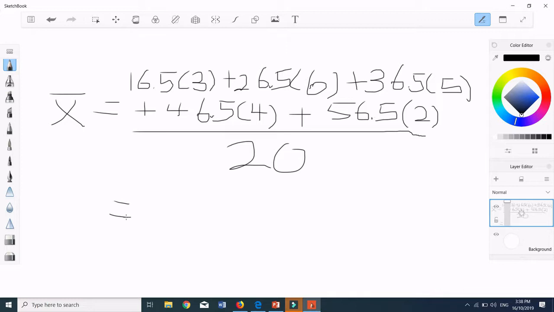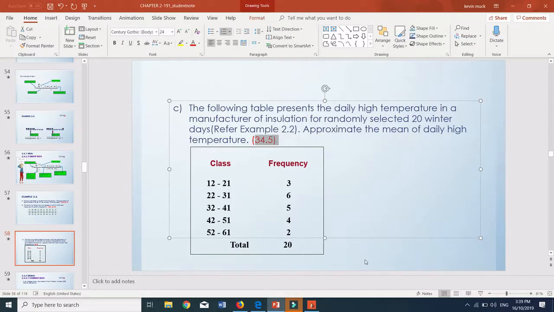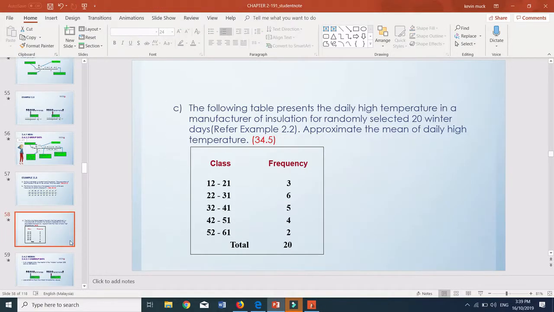You get 690, divide by 20 and you will get 34.5. So 34.5 is your mean. I think you should be very clear on this one.